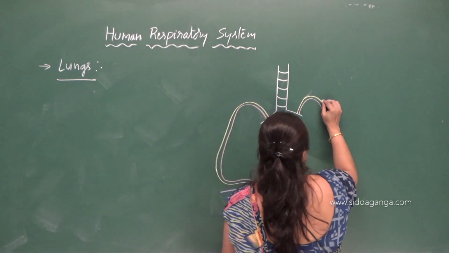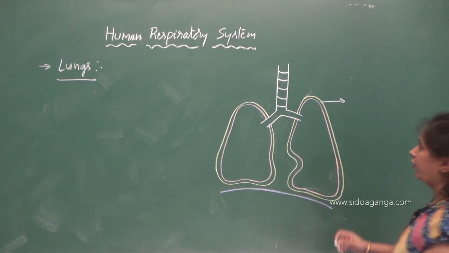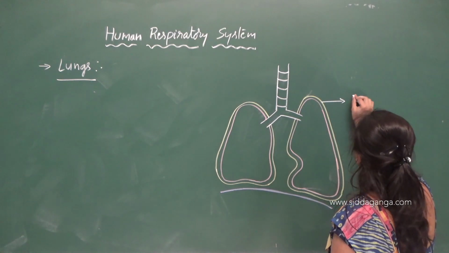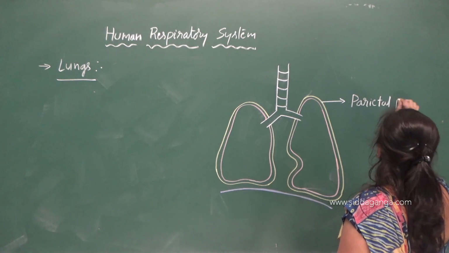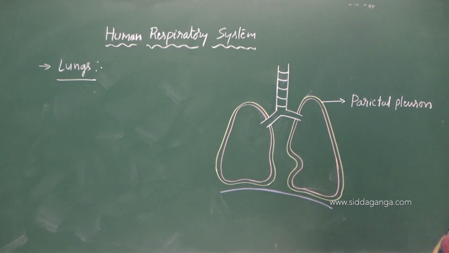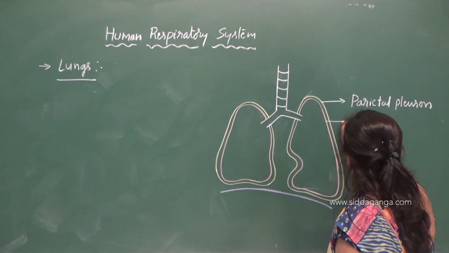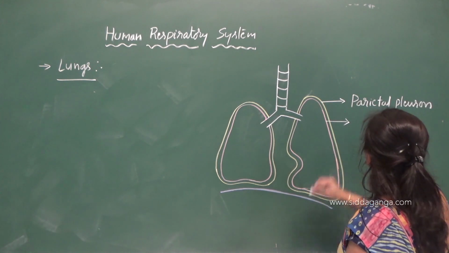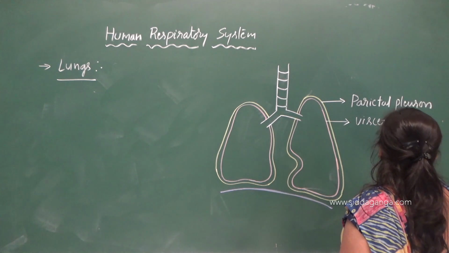The outer pleura is called as parietal pleura. The inner layer, the inner covering, is called as visceral pleura.